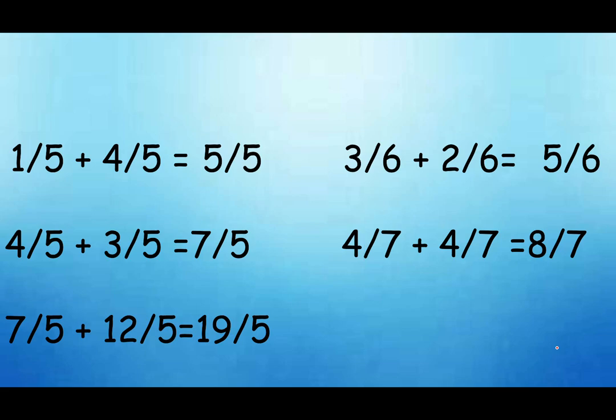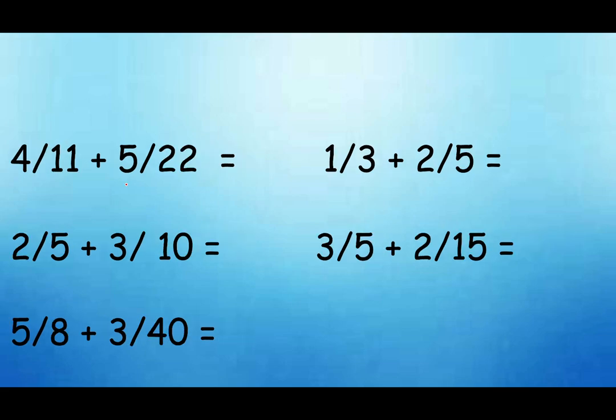Here we have 4/11 add 5/22. If the denominator is not the same, like in here, we have to see if the smallest denominator can go into the biggest denominator.